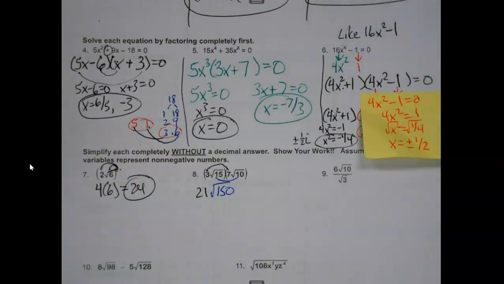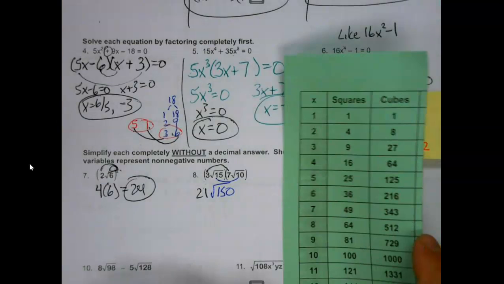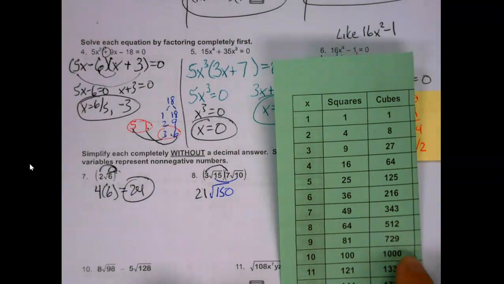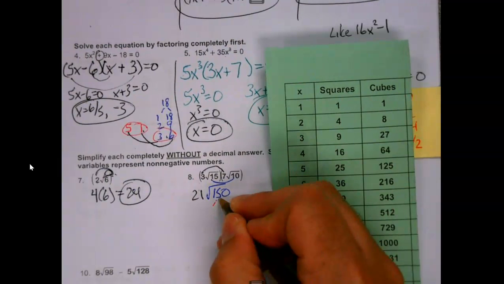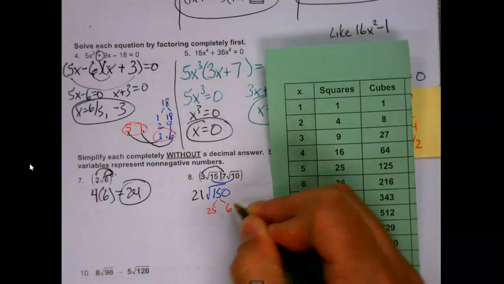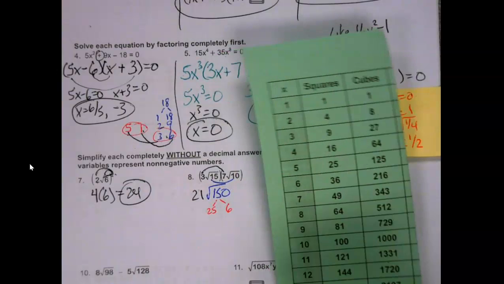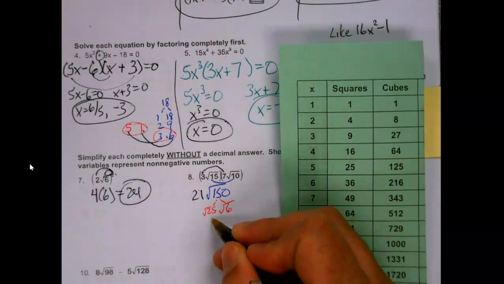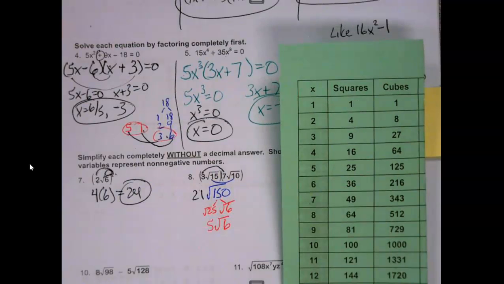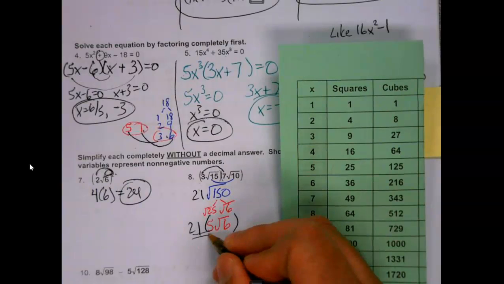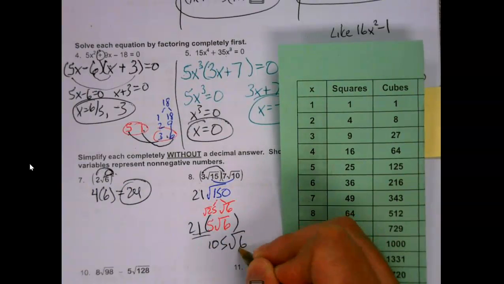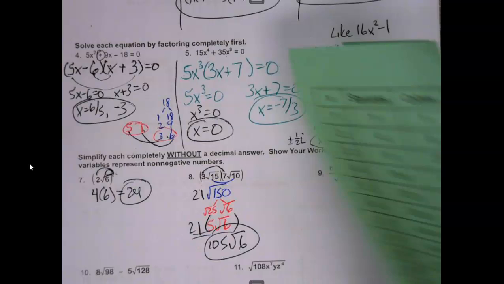Good start, but we're not done. Which of our squares goes into 150? That one right there. 25, and 25 times 6 is 150. Break that down. Don't forget about the 21 that is lurking on the outside. Get that through there.